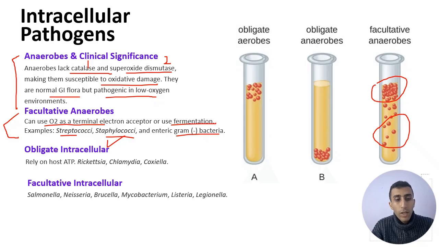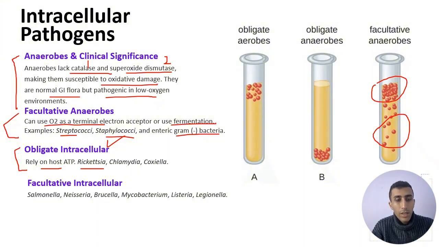And we've also got obligate intracellular organisms. These organisms rely on the host ATP to get energy. They can't be independent of it, and this gives them major virulence because they are staying away from antibodies, so the antibodies can't fight them. And as we've discussed in our last episode, these organisms can't be stained, for example, by Gram stain because they are intracellular.